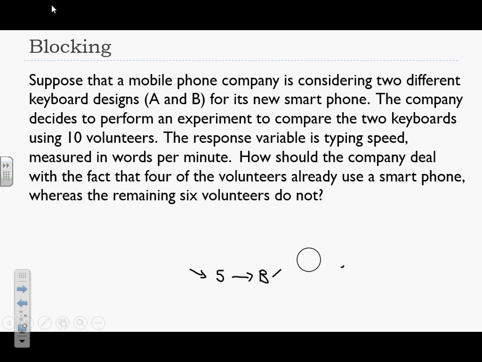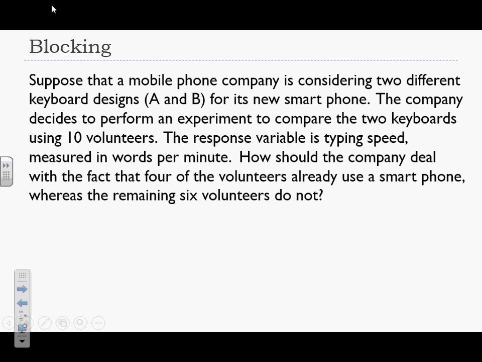So before, when we felt there were major differences within our population that we were selecting from, what did we do? We stratified. If we knew there were major differences that would affect how people respond to either the question or, in this case, how they respond to the different keyboards, we stratified.